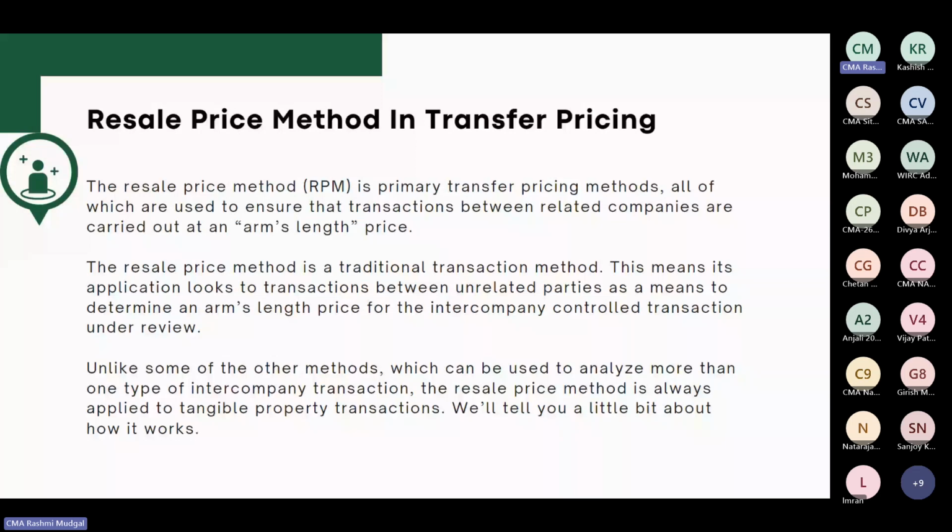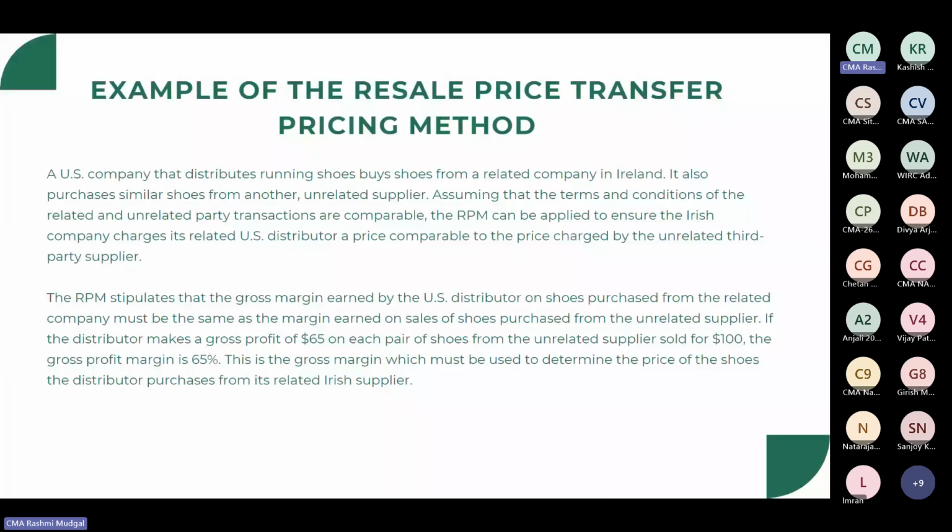We'll tell you a little bit about how it works. Let's go to another page. Example: a US company that distributes running shoes buys shoes from a related company in Ireland. It also purchases similar shoes from another unrelated supplier. So the related one is in Ireland and another unrelated supplier is there.